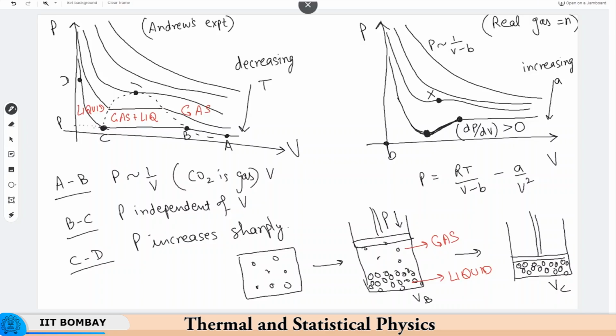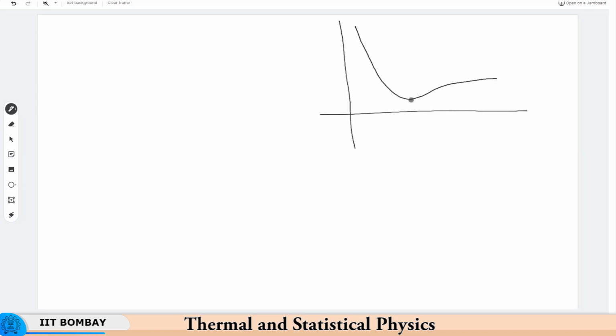maybe I can go to the next page, and I can draw this again quickly. So this minimum that we saw, okay, so this is P, this is V, and I'm saying that from this point to this point, dP by dV is positive, right?